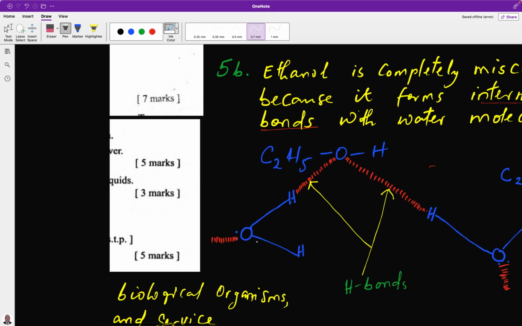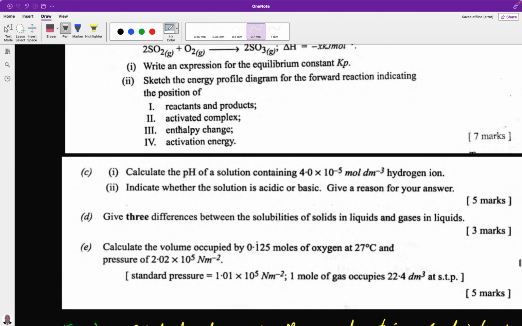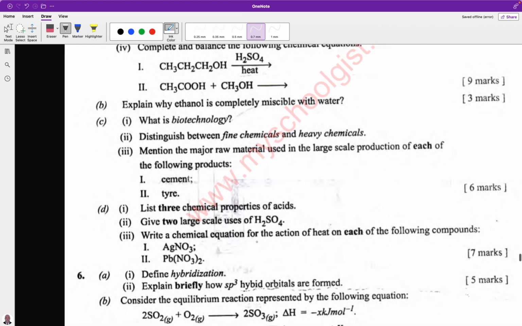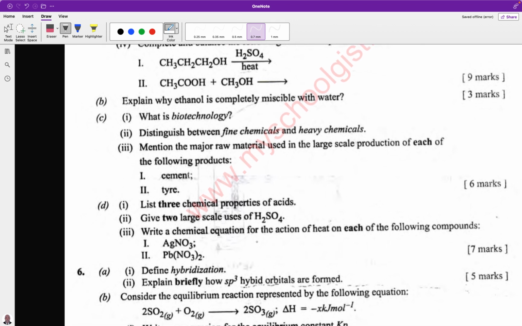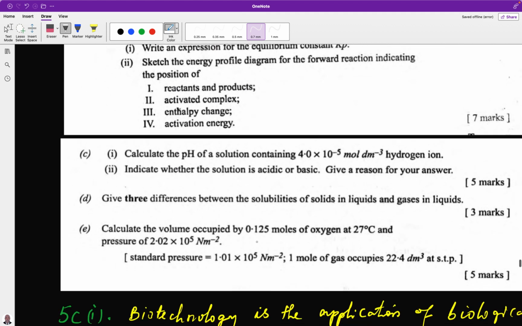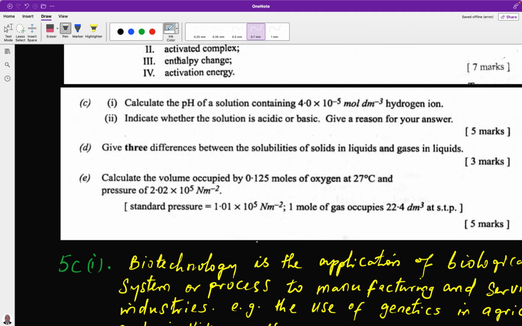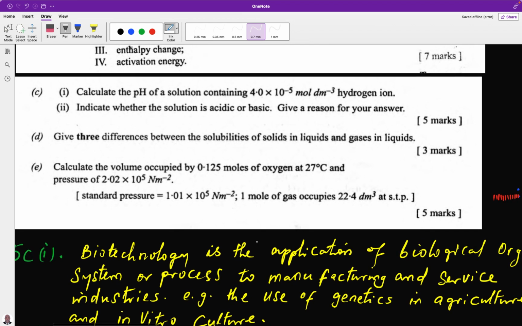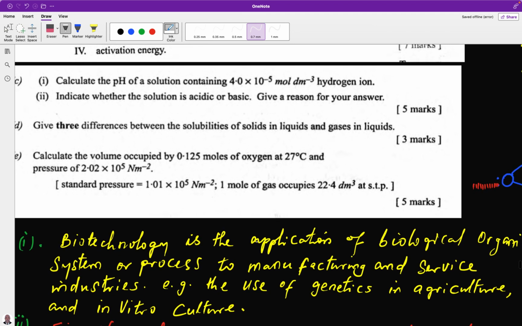Question number 5. After 5b, we will go to 5c. 5c is on biotechnology. What is biotechnology? That is C1. For the purpose of revision, with the increasing knowledge of technology, you see what has been going on nowadays.